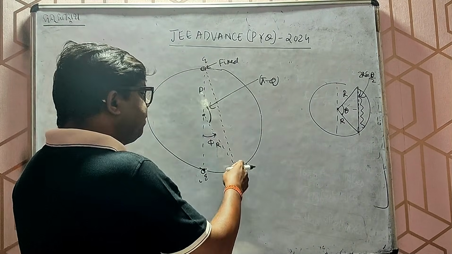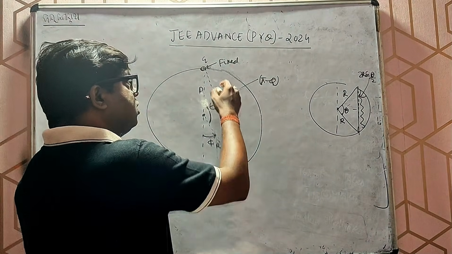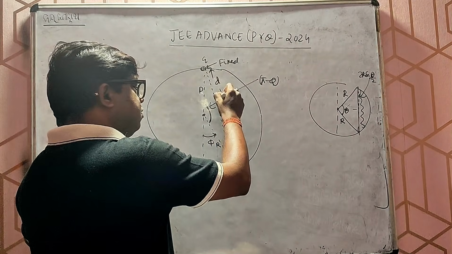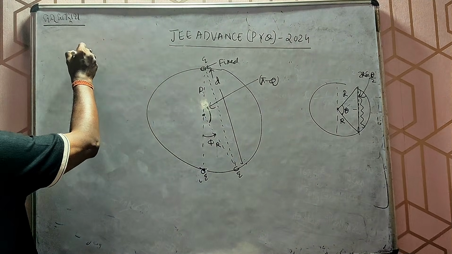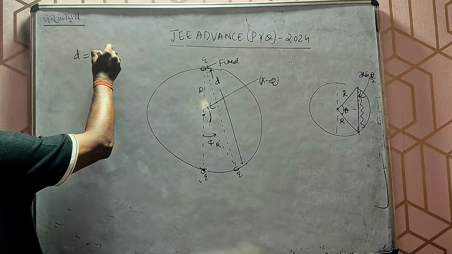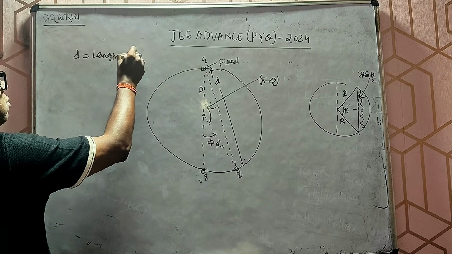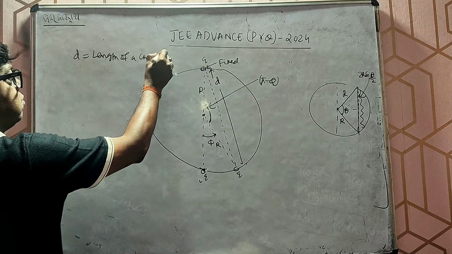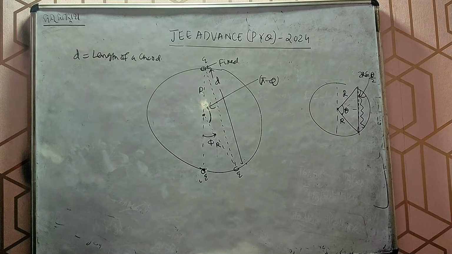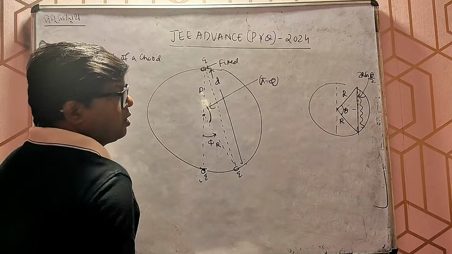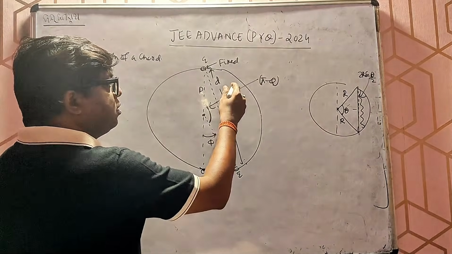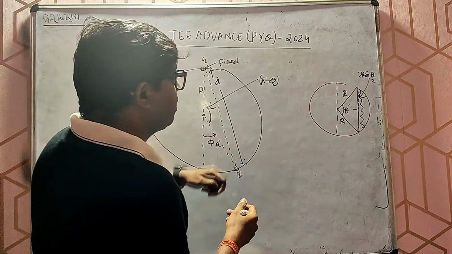Here, suppose d is the length of a chord. The length of a chord is found to be 2r sin of this angle, which is pi minus phi.